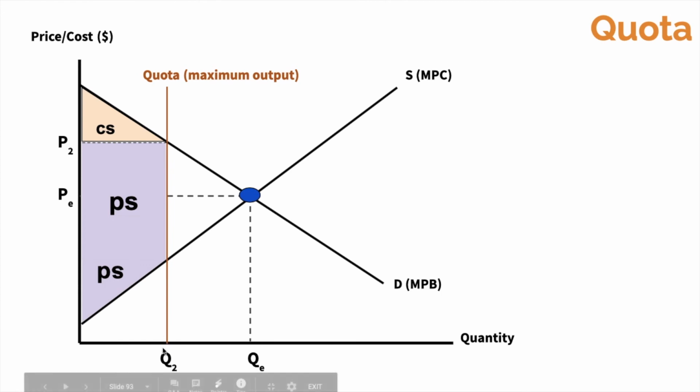But remember, sometimes the producer itself is the government, so there could be different scenarios. Either way, what's happened is we've created this loss in market surplus here, which is our deadweight loss. And again, we have a form of government intervention resulting in deadweight loss.